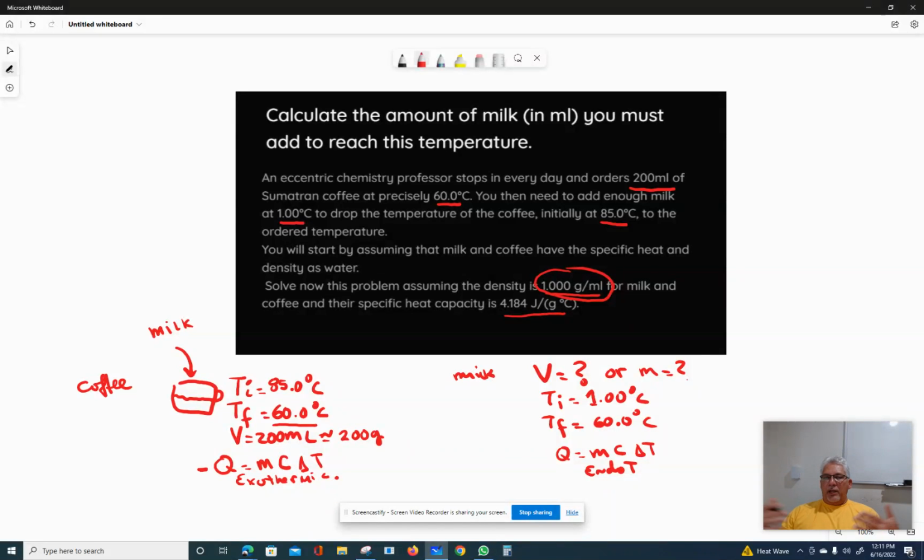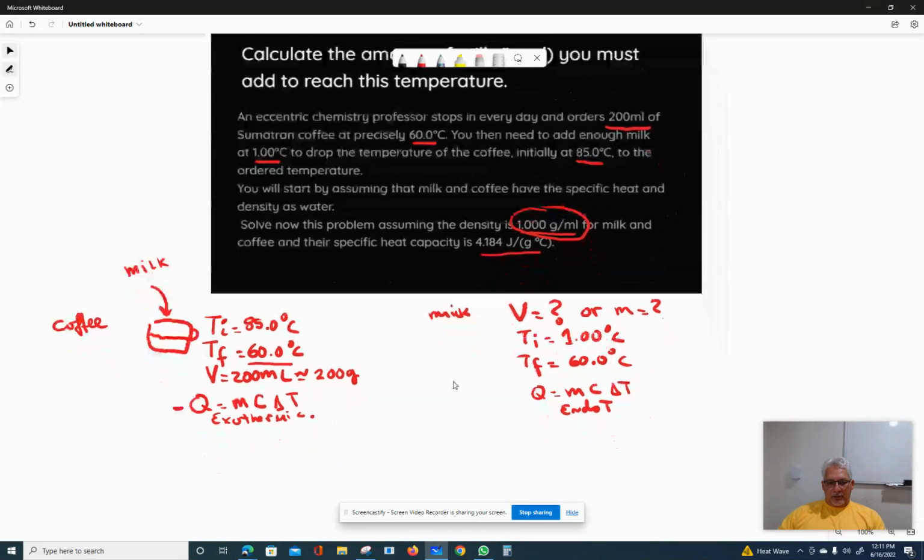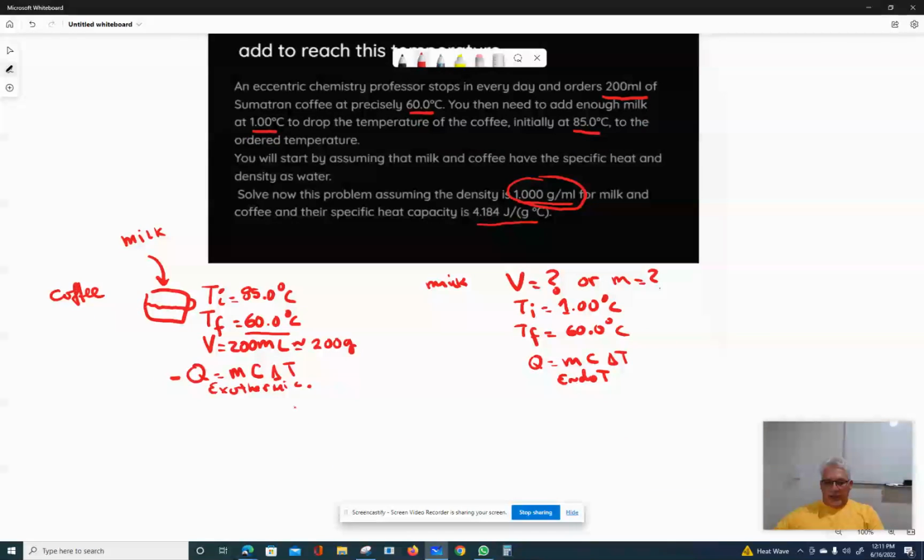And then I have to equate the heat being transferred from the coffee to the milk. I'm going to scroll a little bit up and do the following. Heat released by the coffee will be equal to the heat absorbed by the milk.